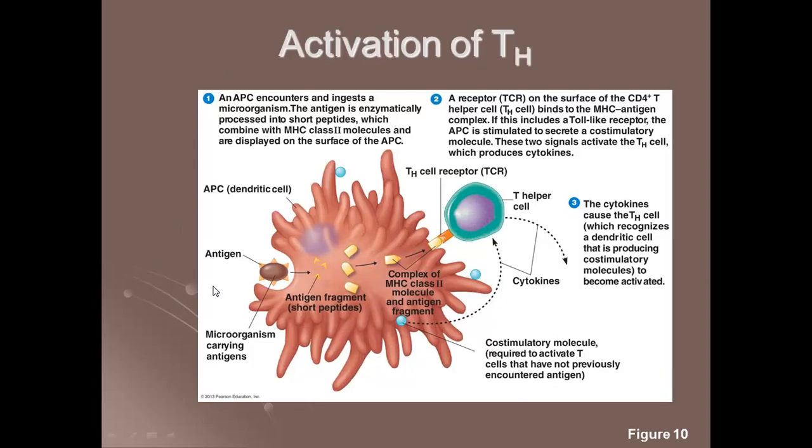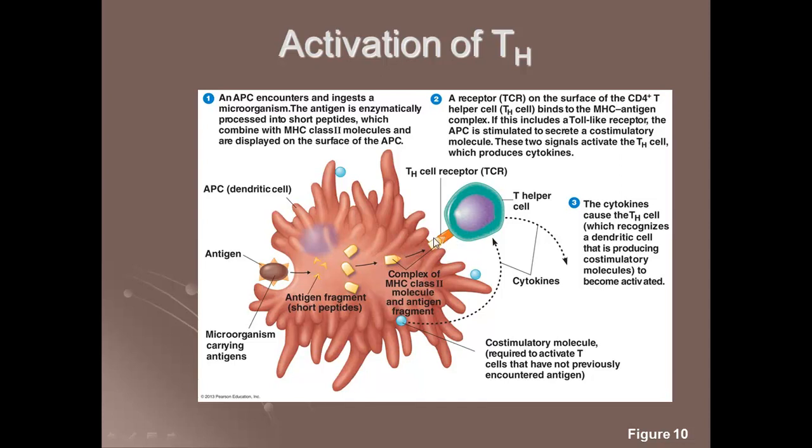So let's put that together. Here's your antigen. That antigen is going to be eaten up by the antigen presenting cell, which is a macrophage. And it does so by phagocytosis, and we already went over the process of phagocytosis in Chapter 9. So it's going to take it in, and then it's going to digest it. And then it's going to display a piece of that antigen using the MHC molecule on its surface.